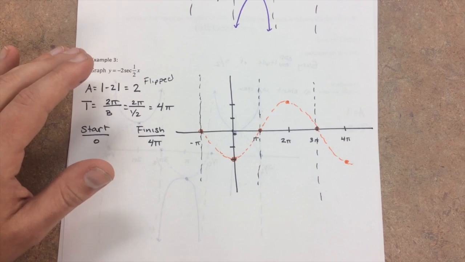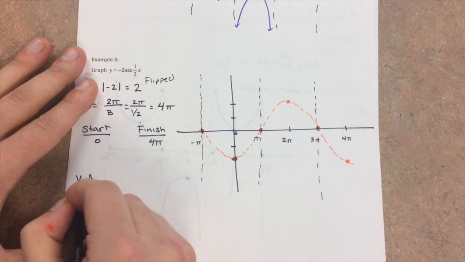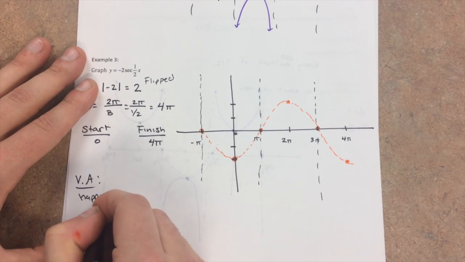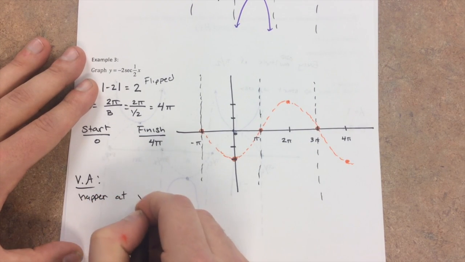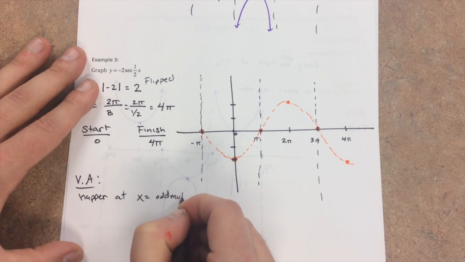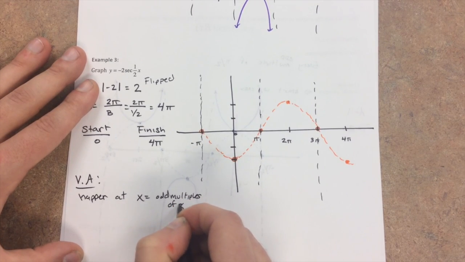So just so we write it out, our vertical asymptotes happen at x equals odd multiples of pi.